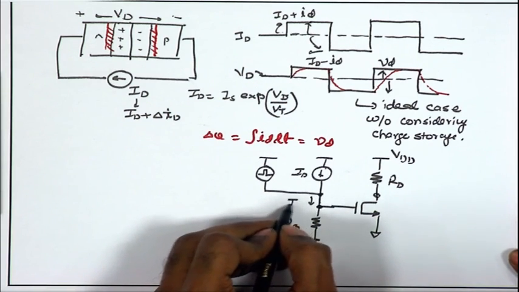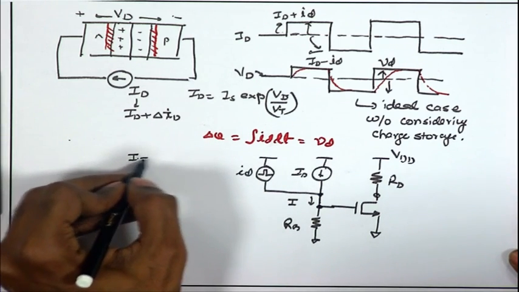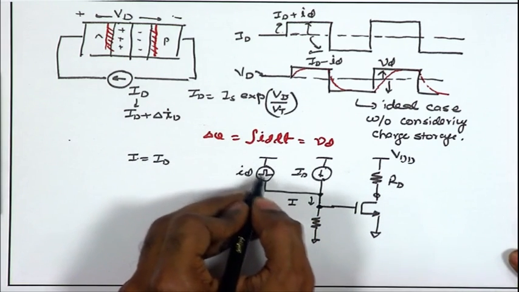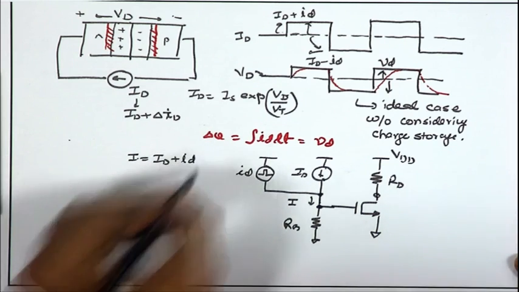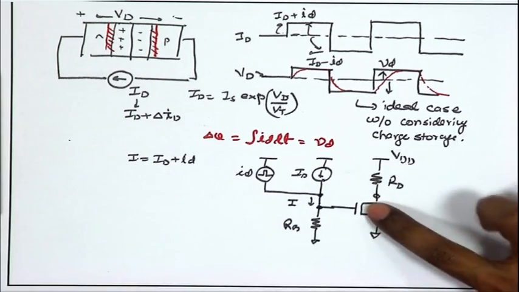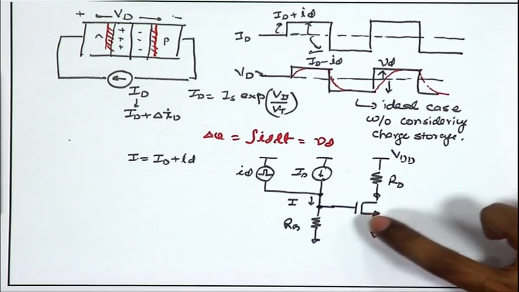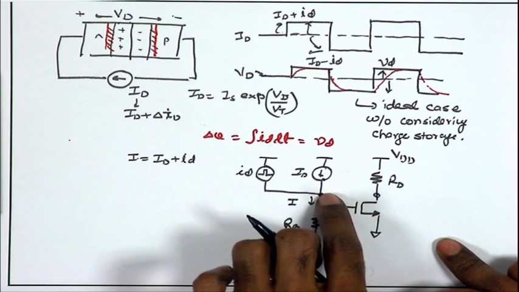So, the total current going in will be I, which is equal to I d, which is the DC current source. This is constant, but on the top of that I am applying this small signal I d going up down up down. So, I have plus I d. So, ideally, if I do not consider the capacitance of the MOSFET, if I do not consider the charge storage mechanism inside this MOSFET, the moment I d goes up, the voltage also goes up, right.